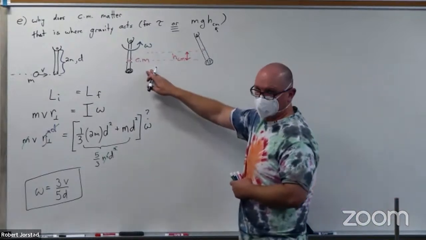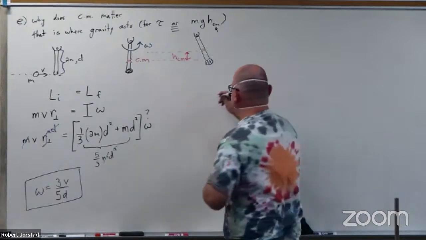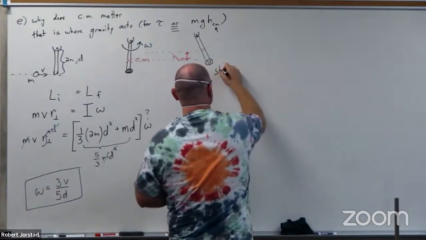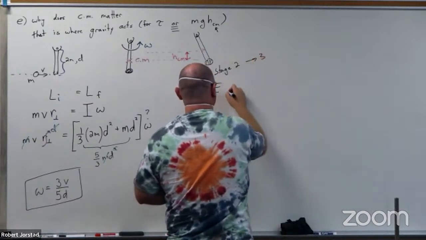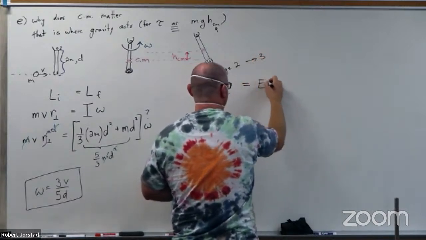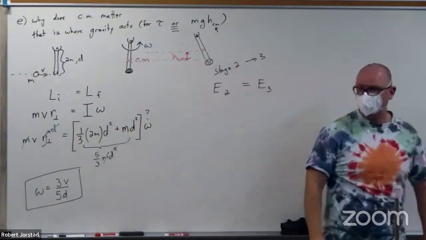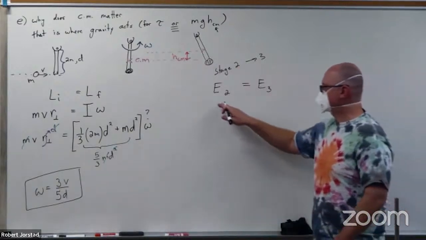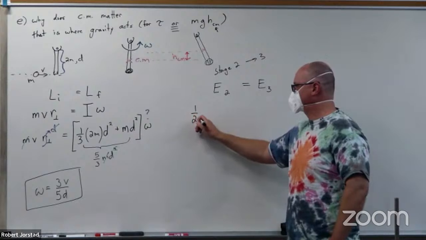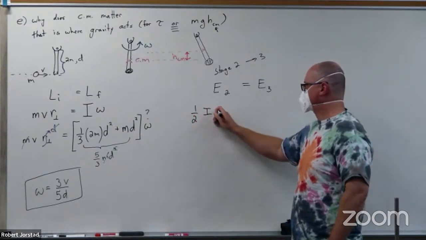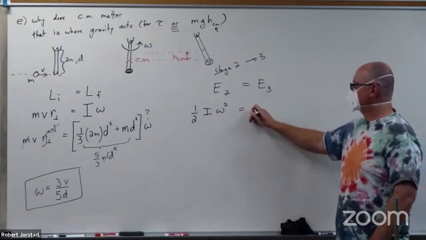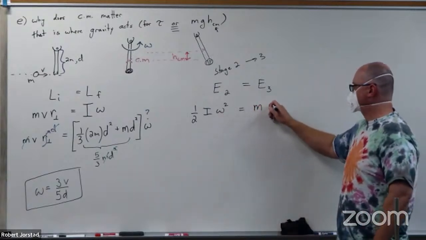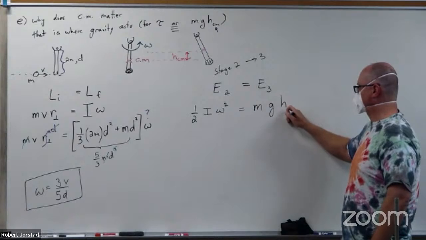Now we can plug that into the energy equation. I could say stage 2 to 3. We've already discussed that the work was 0. So now I can just plug it in. It's 1/2 I omega squared has got to equal mg times the height of the center of mass.